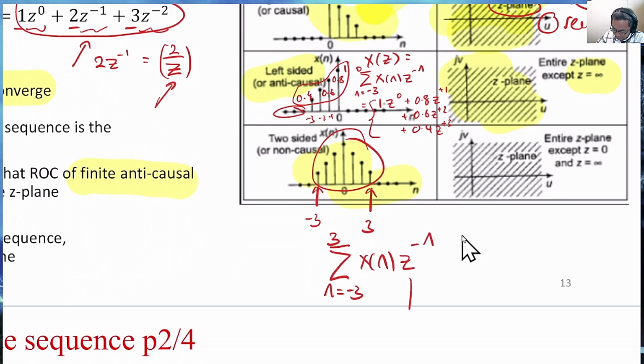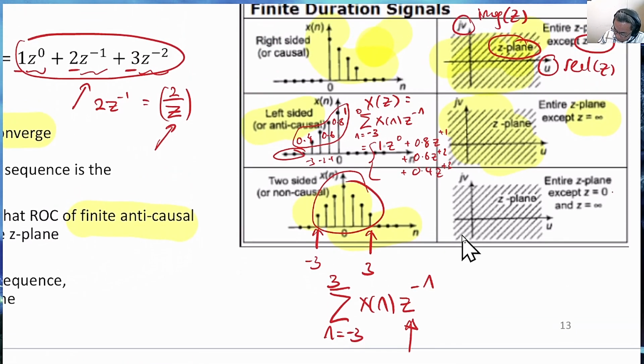So as long as z is not infinity, or z minus n is not infinity, then the sum will converge. And this will occur only when z equals to 0 or z equals to infinity, will z minus n be infinity. Hence, the answer is the region of convergence is the entire z-plane except at these 2 points.